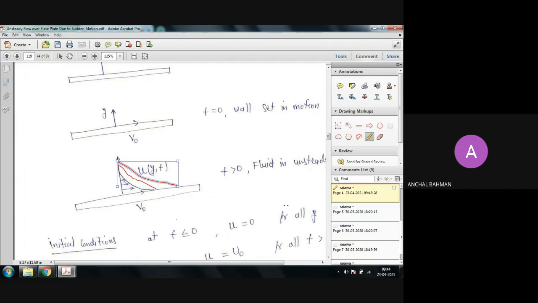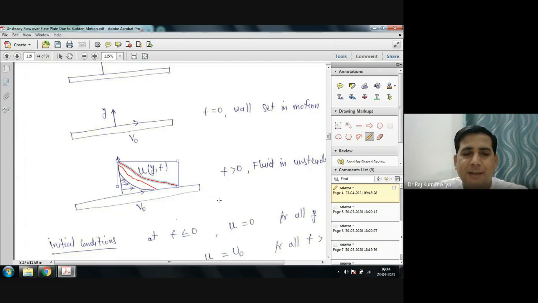After some time, shouldn't the profile become linear? No, it would always be okay, but it won't be linear. That is the different part. I'm not talking about the linearity.